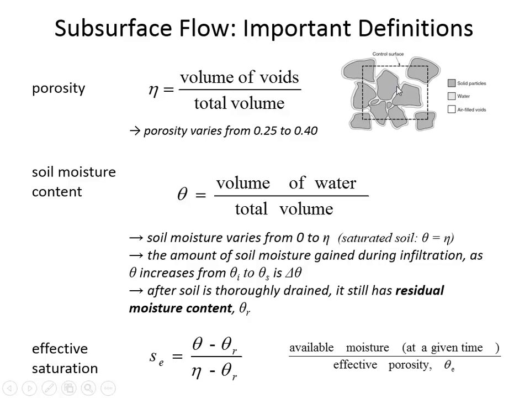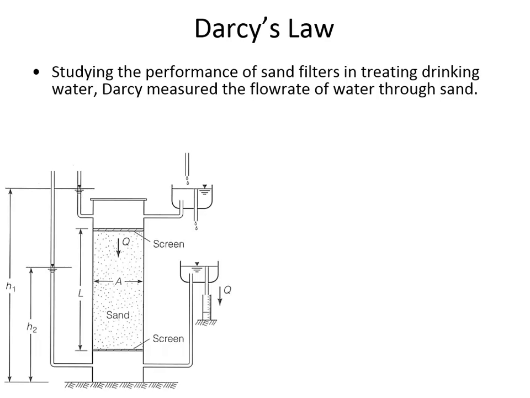Remember, a lot of the soil here is SiO2, silicon dioxide, and there's a strong polar effect between the silicon dioxide and the water, and so that's why there's a lot of residual moisture there. And here's the formula for the effective saturation that says how much water can be taken out after a storm event.